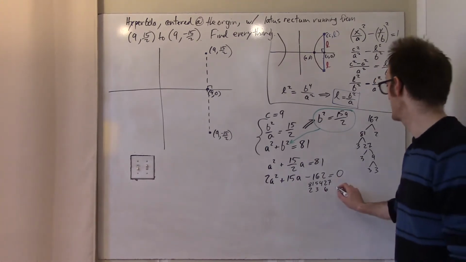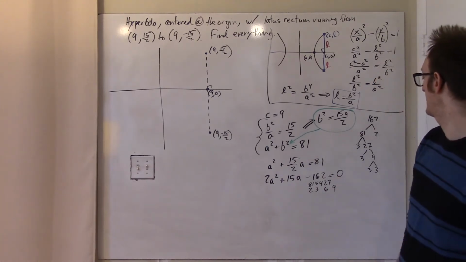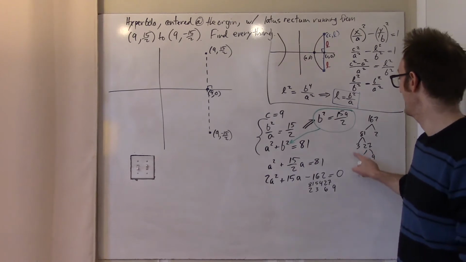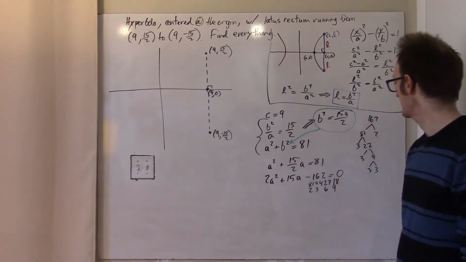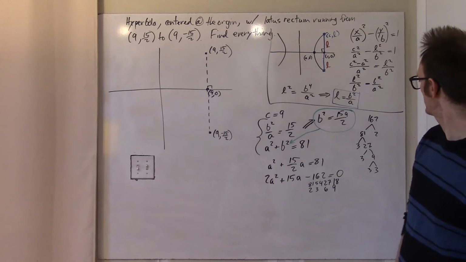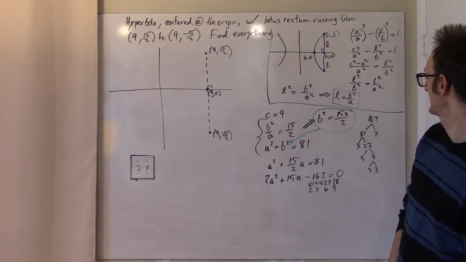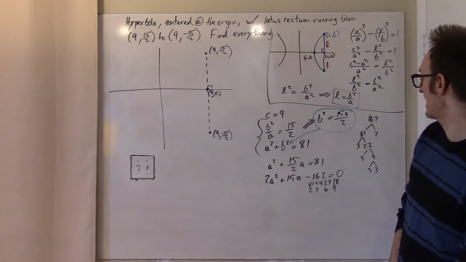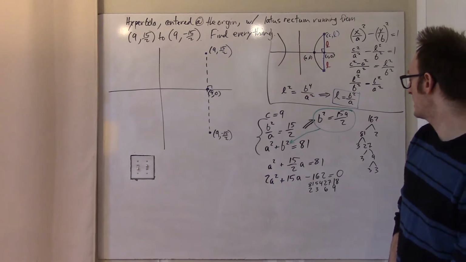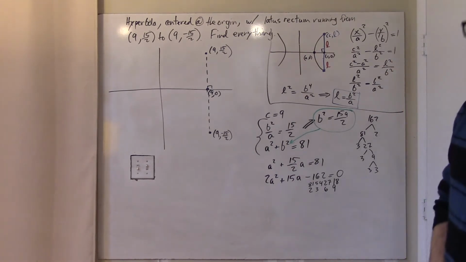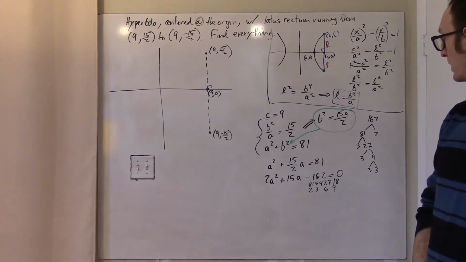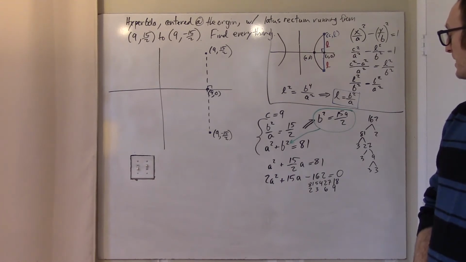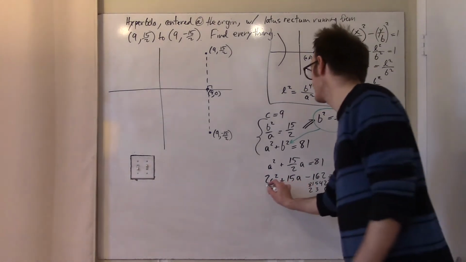No. I have 9 and 18. Is that it? Yeah, that might be it. 2 and 81, yeah, I think I'm done.